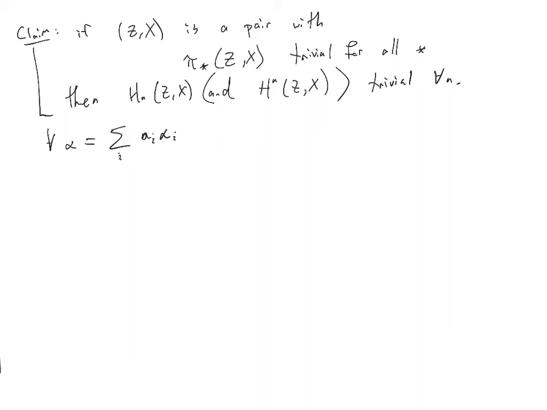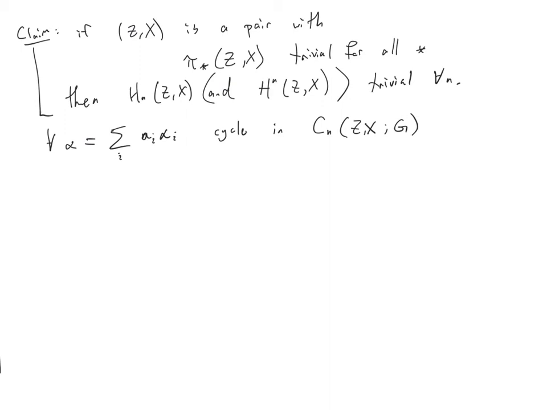Let's say it's a cycle. Say this is a cycle in chains on Z comma X with coefficient group G, representing some non-zero element in homology. Then we want to show that it actually is a zero element.